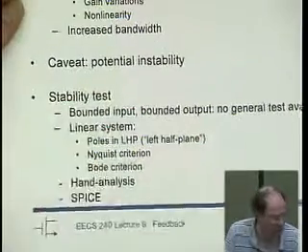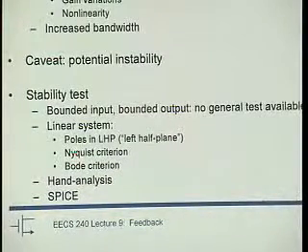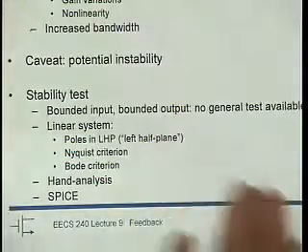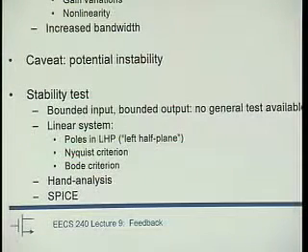So for stability, I listed here sort of ways on how stability is even defined. Sometimes it's defined as bounded input, bounded output. Well, that sort of implies that we know what the input is, but it could be that we test with sinusoids and it's stable, and with square wave it's not, right?